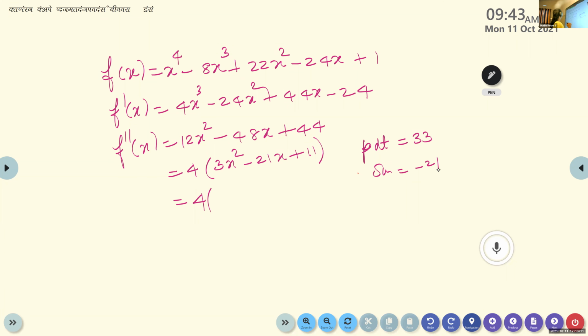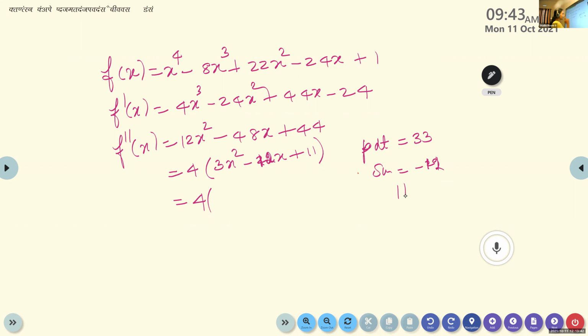Ma'am, isn't it 3x square minus 12x? Okay, sorry, it's 12x. I wrote it in the reverse order. So sum is negative 12. Product is 33. How will you factorize it?